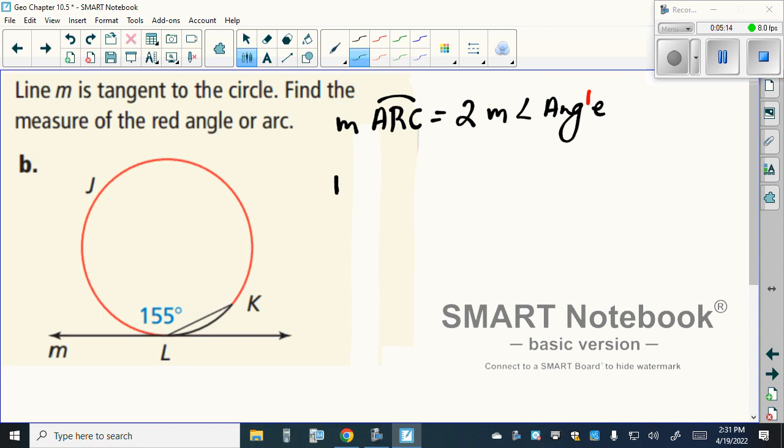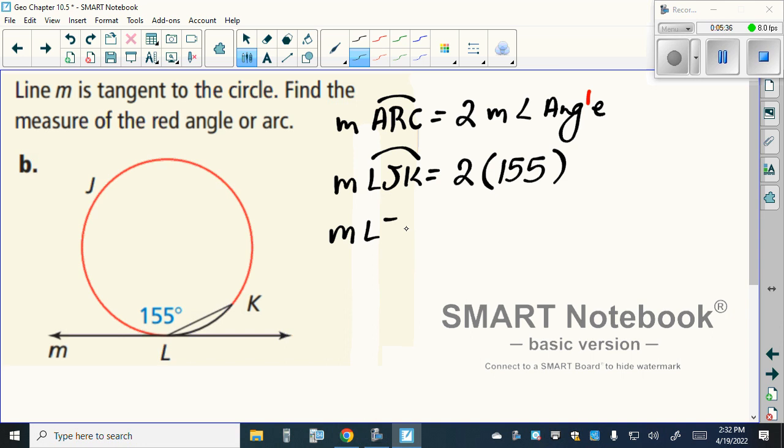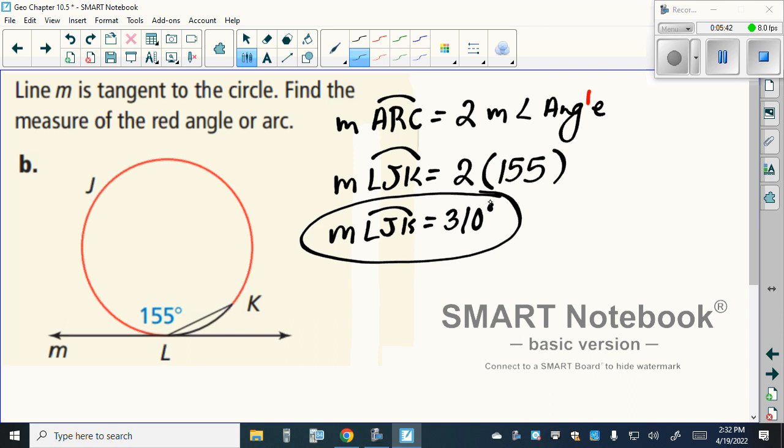Well, here we want to know the measure of arc LJK, which is equal to 2 times the angle. And our angle is what? Yes, angle L, which would be 155 degrees. So we just need to multiply 155 degrees by 2, which is, yes, 310 degrees.